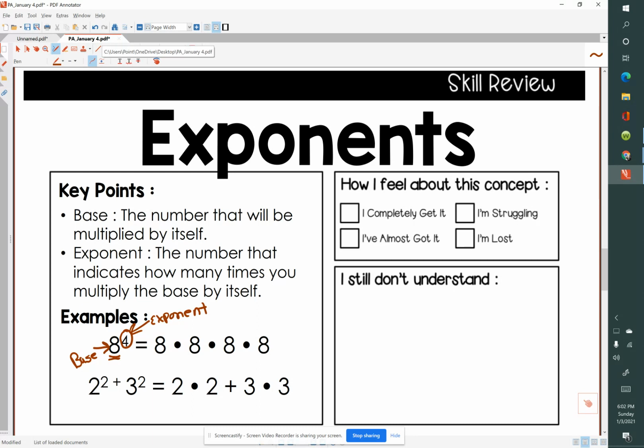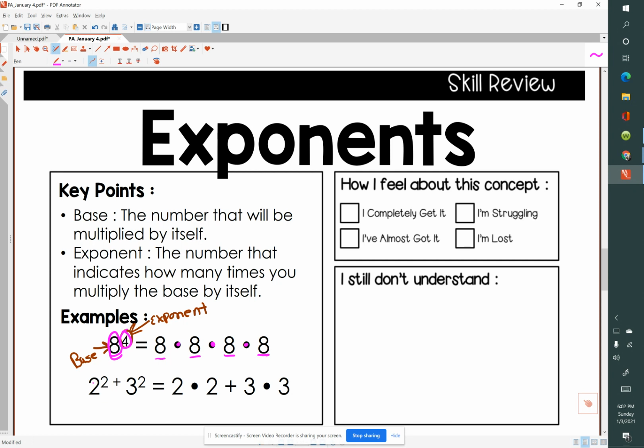So we said that we have the base and we have the exponent. So here's our base and here's our exponent. So 8 to the 4th means 8 times 8 times 8 times 8. Now we can add exponential expressions.